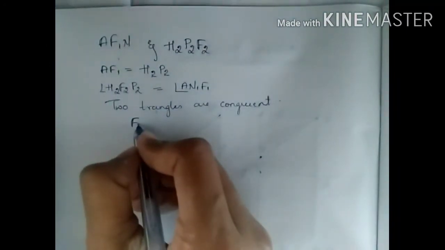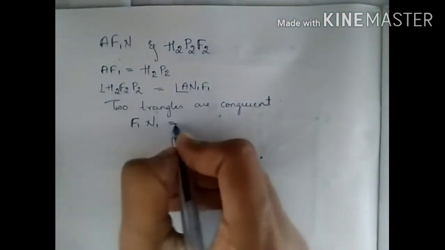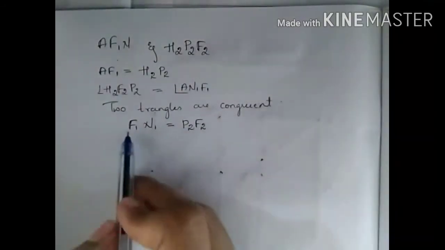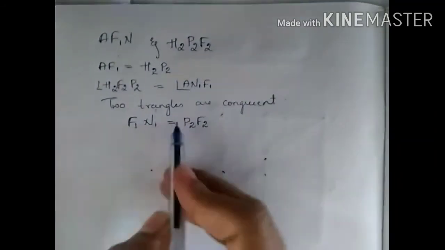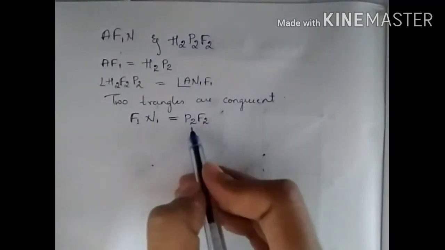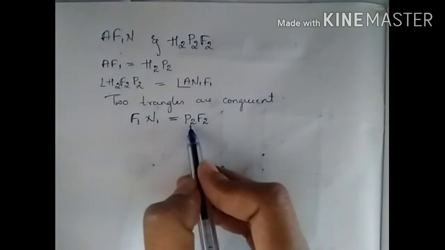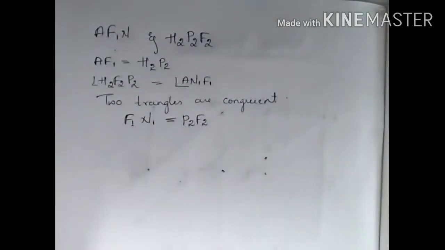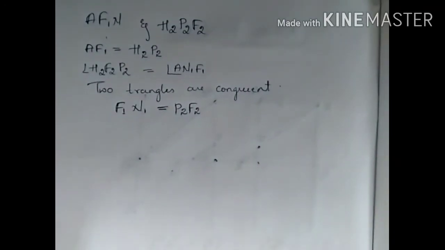So now F1N1 is equal to P2F2. So the distance from the first focal point to the first nodal point is equal to the distance from the second principal point to the second focal point. So this you can observe in the diagram.